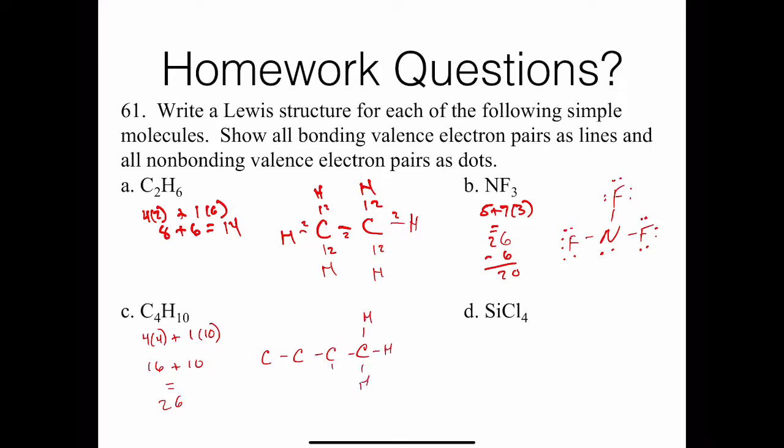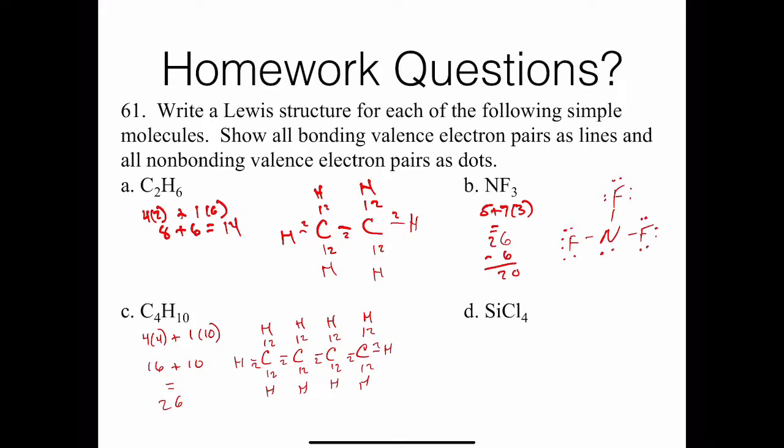Remember, hydrogen can only have access to 2 electrons, so I cannot put it in between 2 other elements. It can only ever go right around the outside. And in doing this, there's no other electrons to distribute anywhere. So I've used 2, 4, 6, 8, 10, 12, 14, 16, 18, 20, 22, 24, 26. And that would be an appropriate Lewis structure.